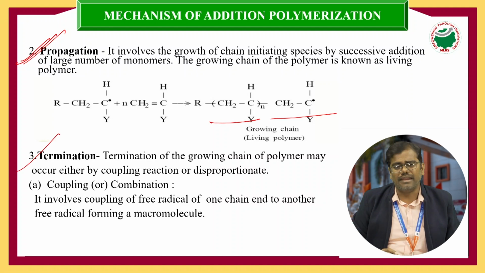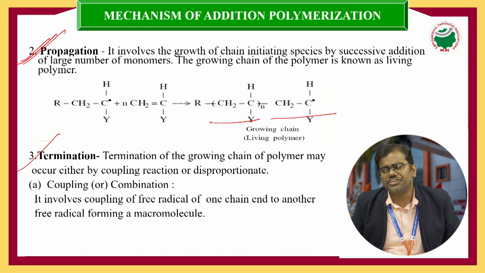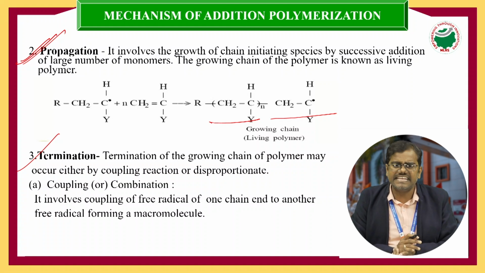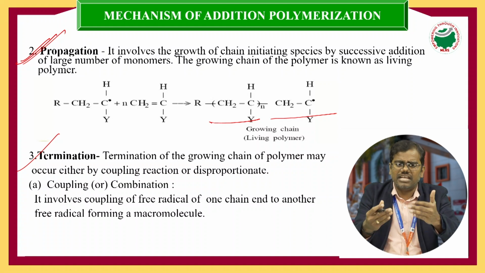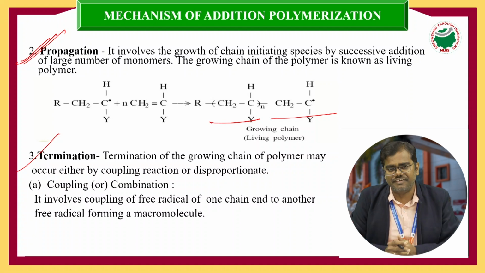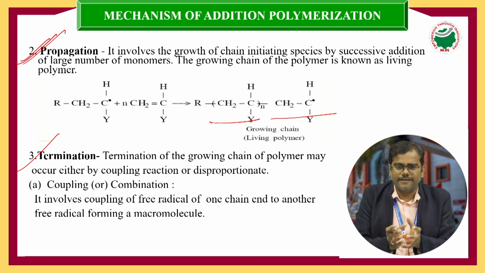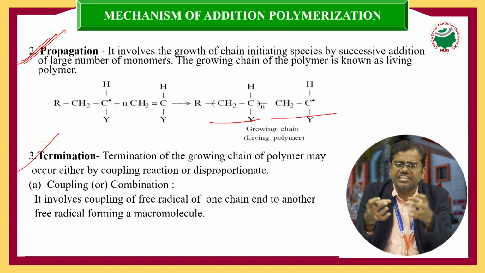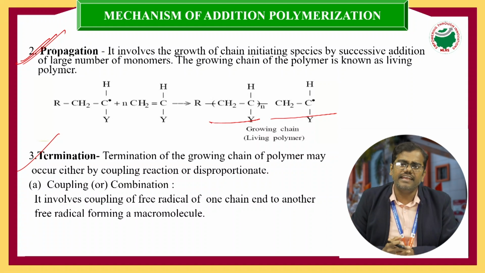And finally, termination. What is the meaning of termination? Finally, we should stop the polymerization reaction. The termination process can be explained in two ways. One is the coupling reaction, the coupling of two chain initiating species. The second is the disproportionation reaction. What is meant by coupling reaction?